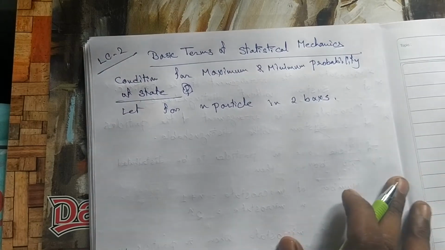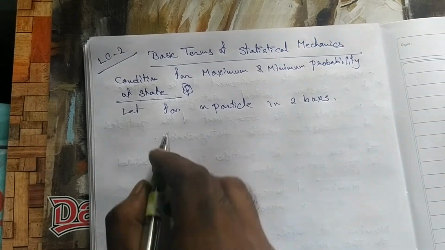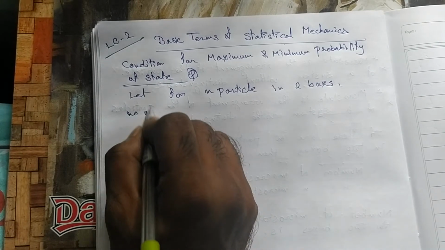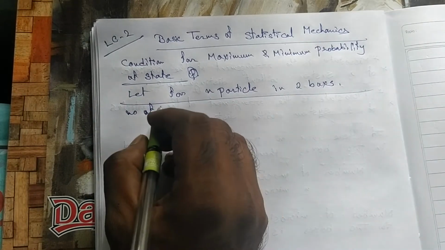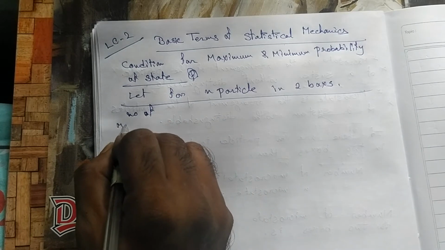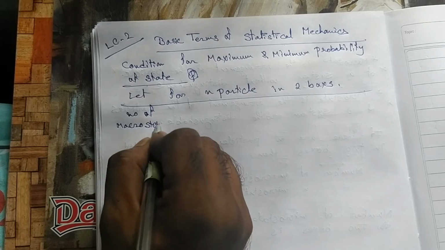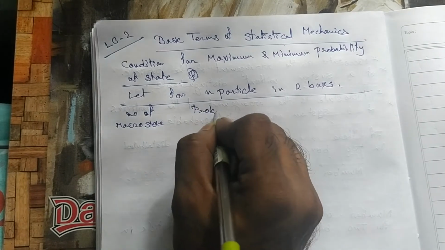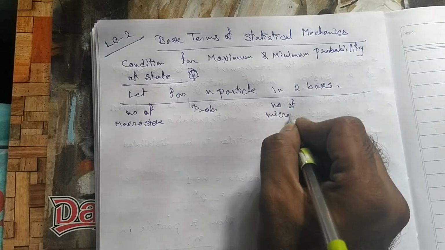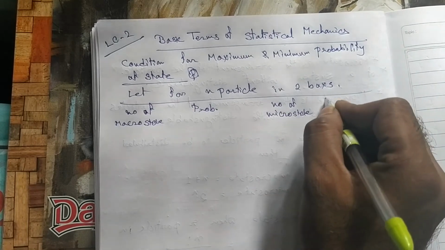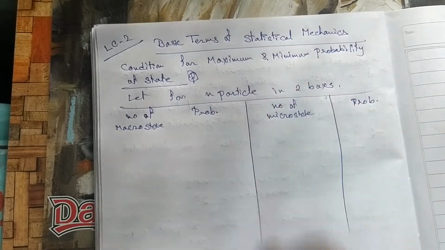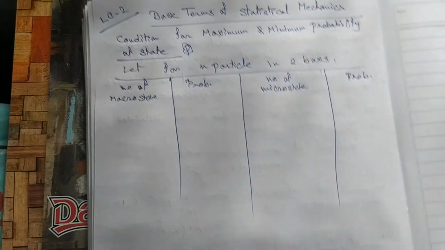In the last lecture, we already separated the n particles into two boxes in this way. Let us distribute them in a table. Macrostate, probability, number of microstates, probability. Clear?